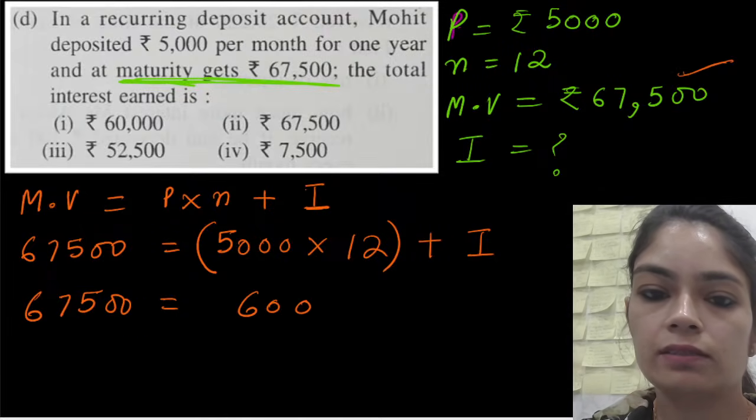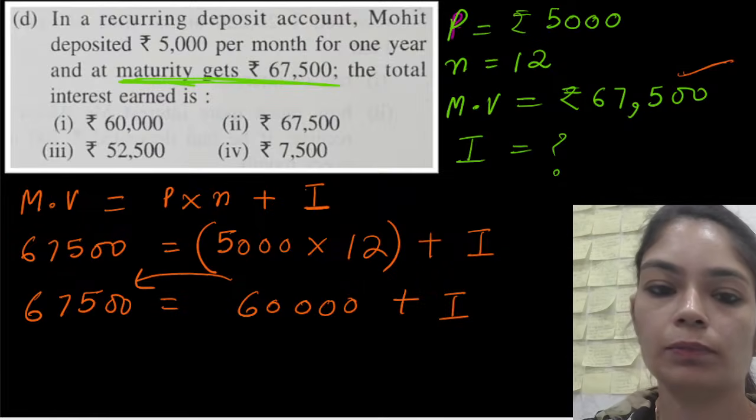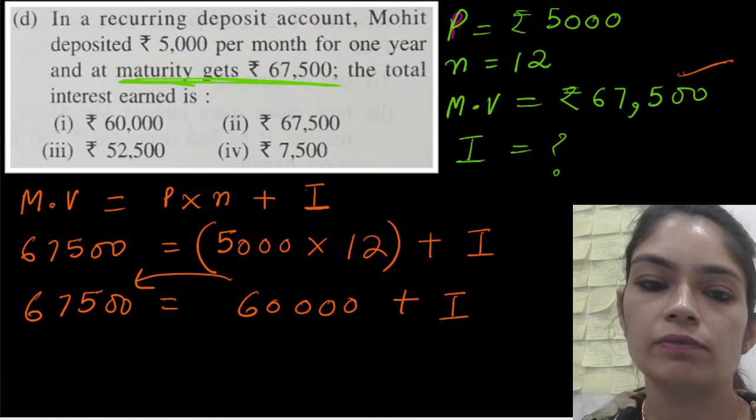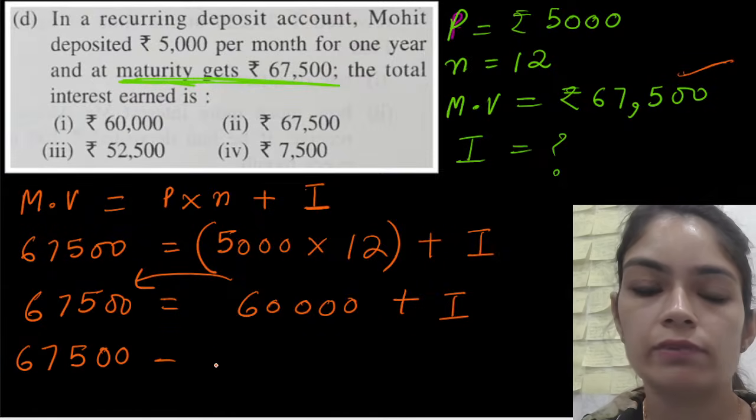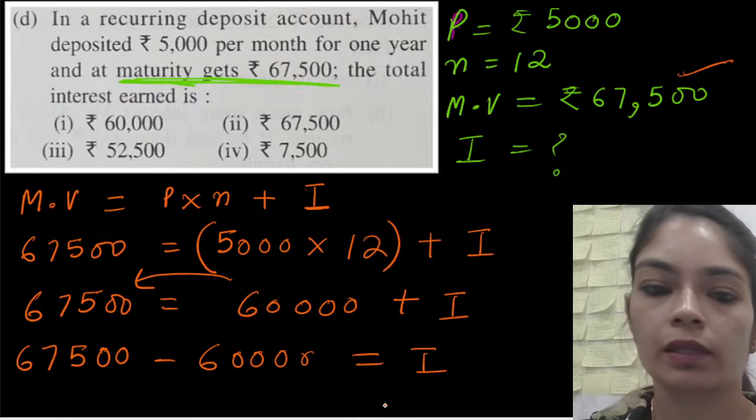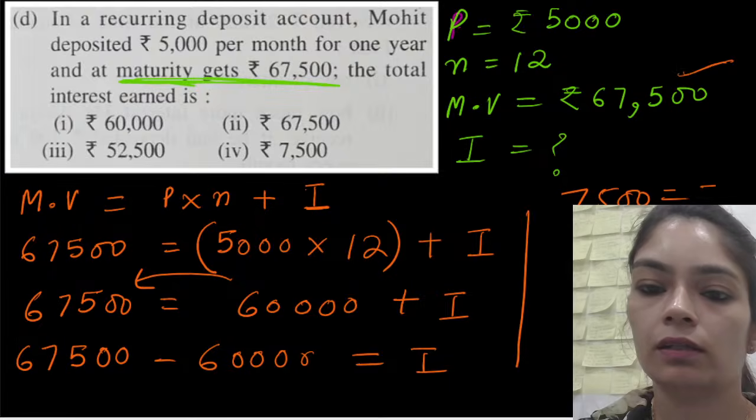This will get 60,000 plus I. So we'll just shift because I we have to find. 60,000 is getting added to I. When we shift it to the other side, it will get subtracted. So 67,500 minus 60,000, this we will get 7,500 as the interest.